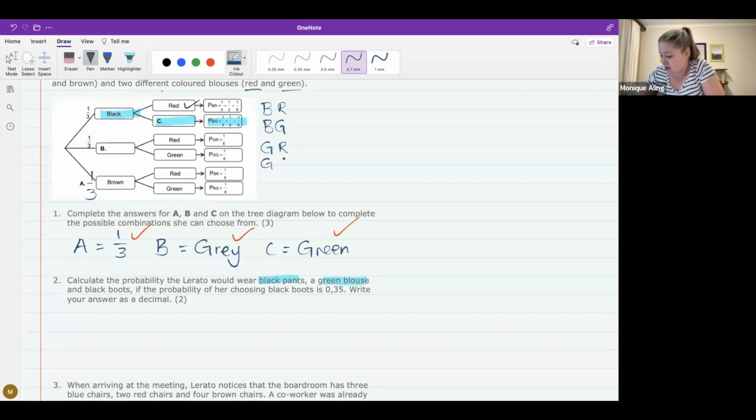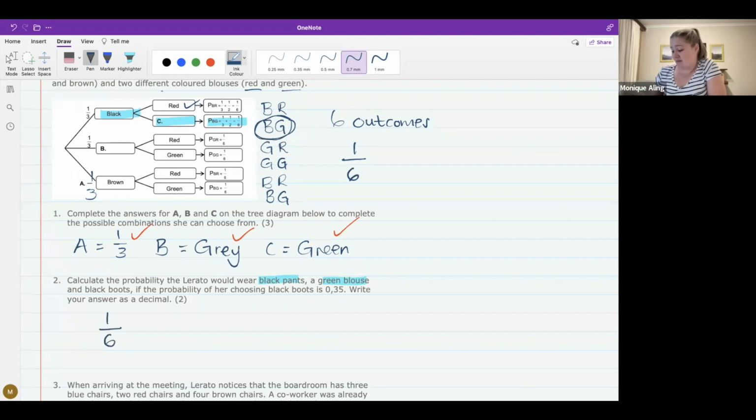Gray pants, green blouse. Brown pants, red blouse. Brown pants, green blouse. So I don't really have space underneath, but that is 6 outcomes in total. Black pants, green blouse occurs once out of the 6. So the probability of just wearing black pants and a green blouse is 1/6. Okay, so that part is normal. That's what you all are comfortable and confident with doing. And I see that you all got that.